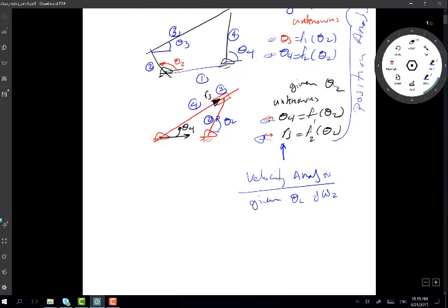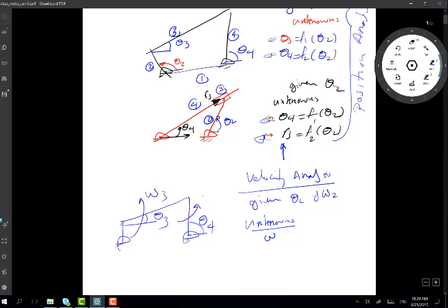So I'm given the derivative of that, and my unknowns would be omega 3 for this link here. For this linkage, my unknowns would be theta 4, and this is theta 3. So this is omega 3, and this one is omega 4, given omega 2.